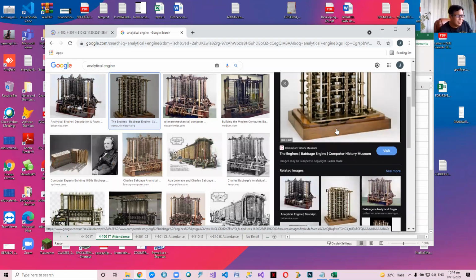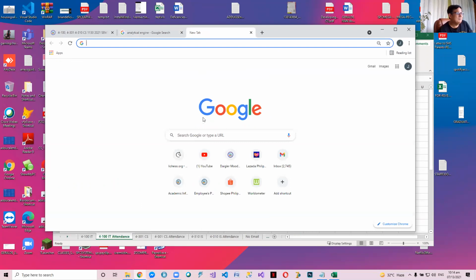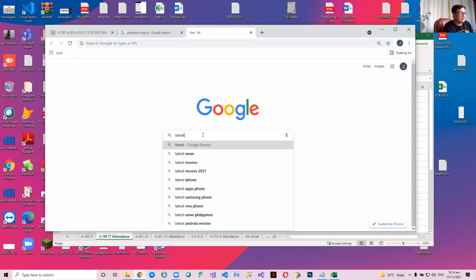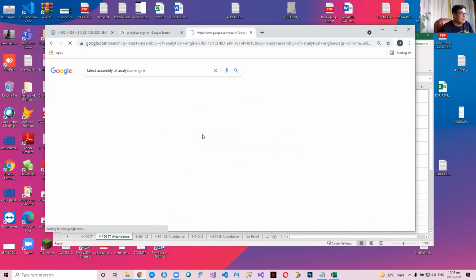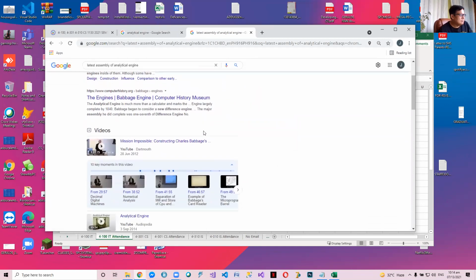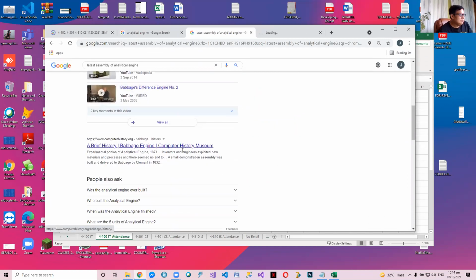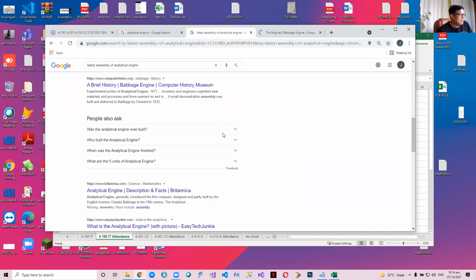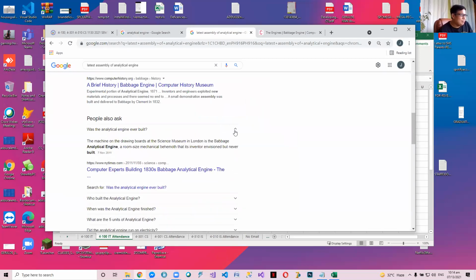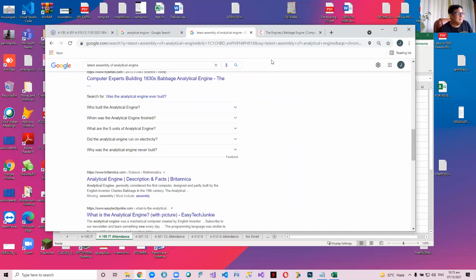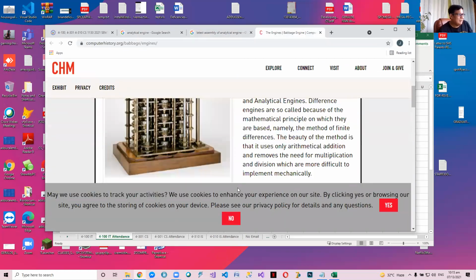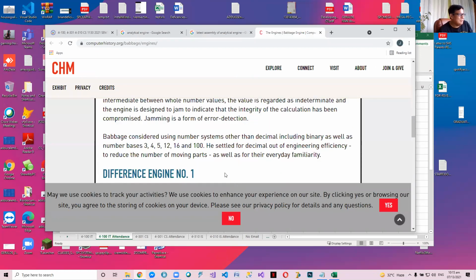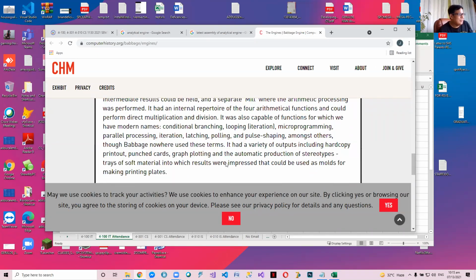But this was patterned after the latest assembly. It was never built during the time of Charles Babbage, but later, these were developed by different universities in the US.